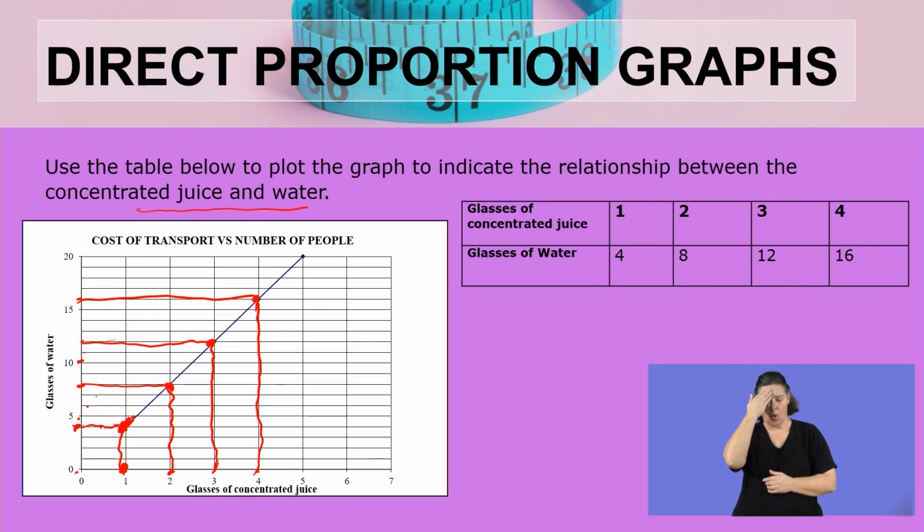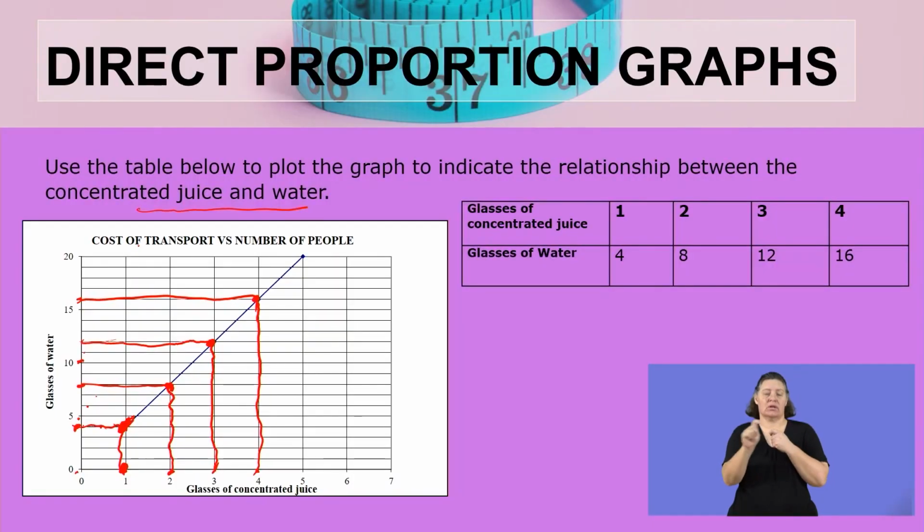And I said you must know your variables. The glass of concentrated juice is the independent variable. The glass of water is the dependent variable because it will depend on the number of glasses of juice. How many glasses of water do you need?